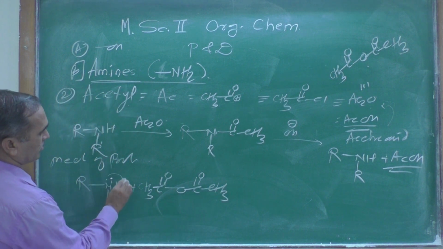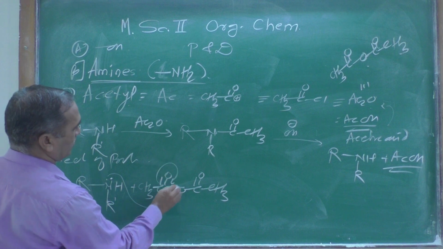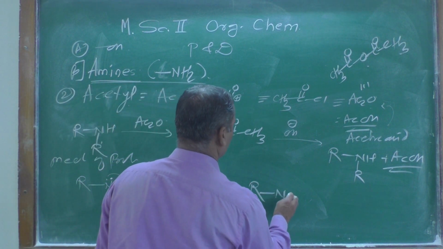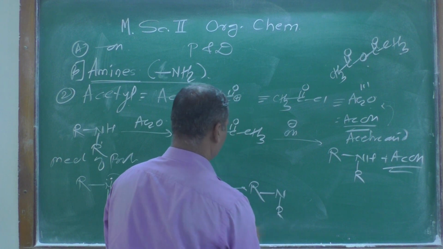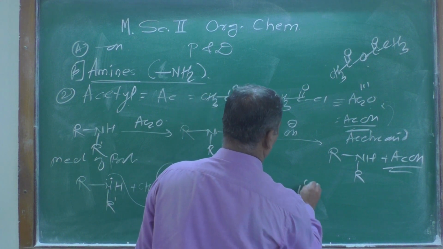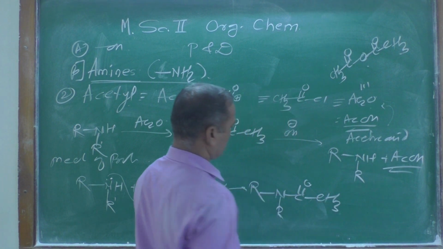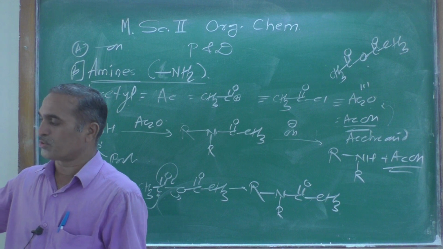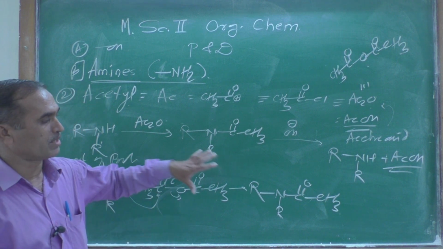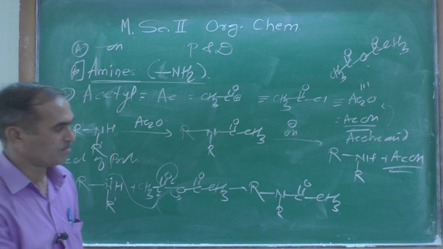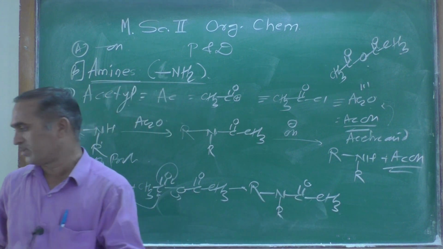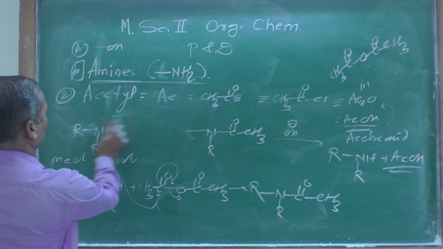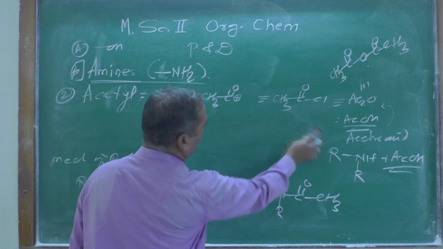This lone pair easily attacks that carbonyl group, and you will get R, N, then R, then C double bond O, CH3. So that is the protection of this group, and this becomes an amide. Amides are very stable, so let us look at the mechanism for the deprotection.